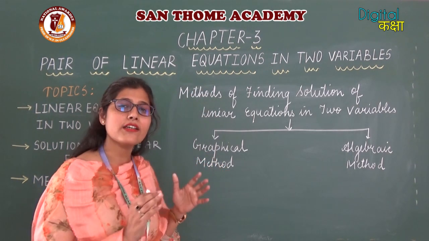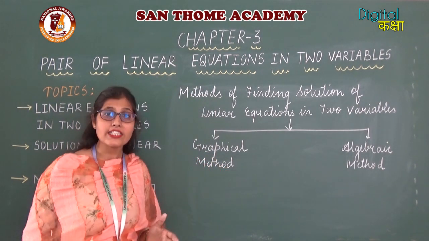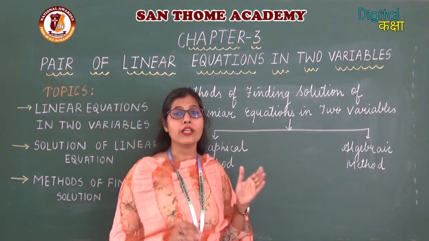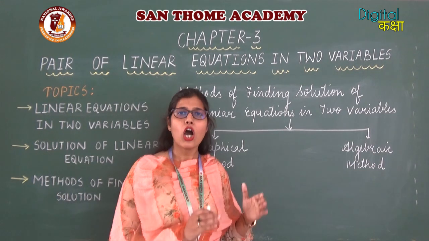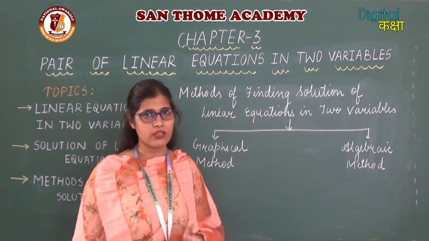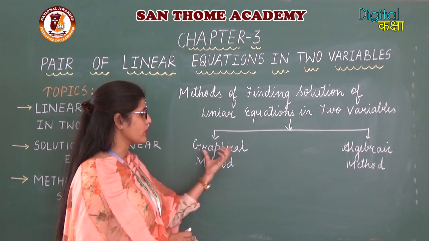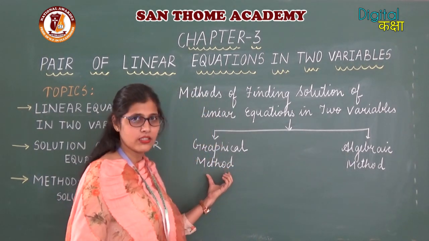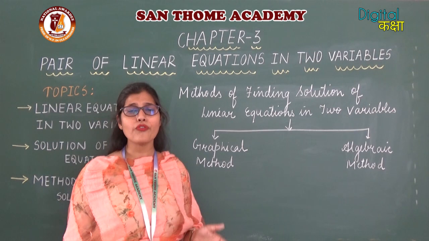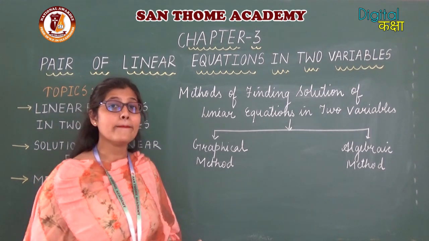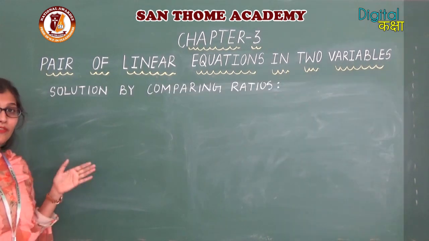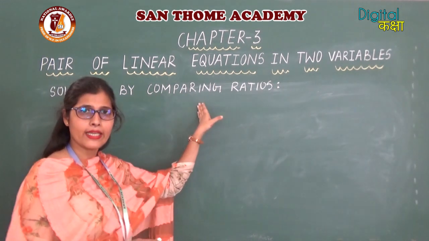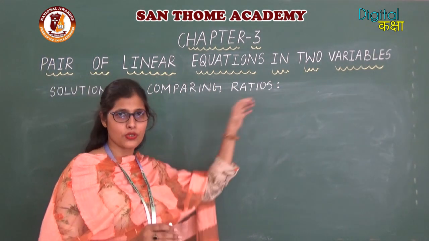Only by comparing the ratios, you can check whether the pair of linear equations will give you a consistent or inconsistent solution. So, before learning the graphical and the algebraic method, we should know how to find the solution by comparing the ratios.